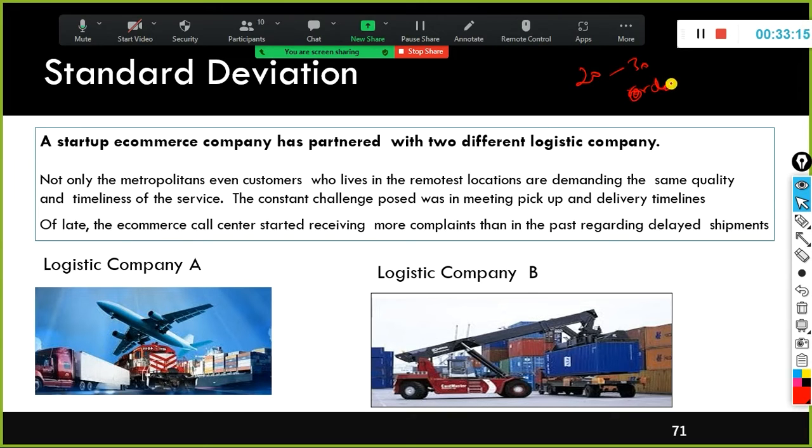So your staff capacity was 20, right? With this head count of 20 staff, you are able to manage delivering the products or the orders raised by the customers to 20 or 30 different customers.